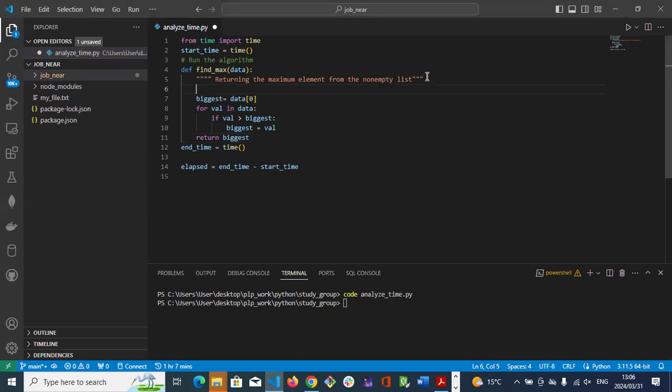Okay, let's create the data: one, four, three, seven, nine. You can see the biggest number here is 9.